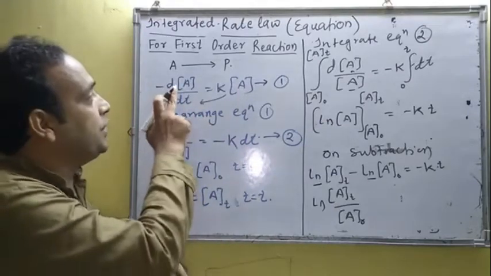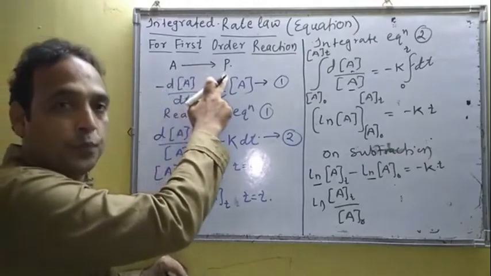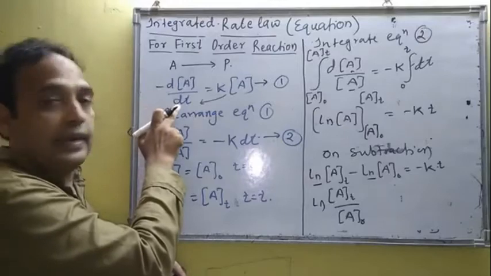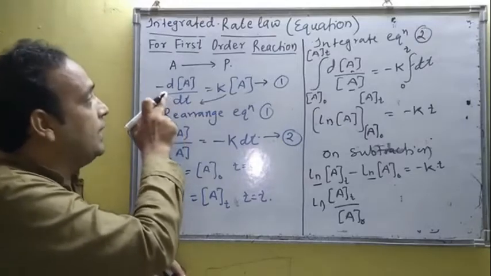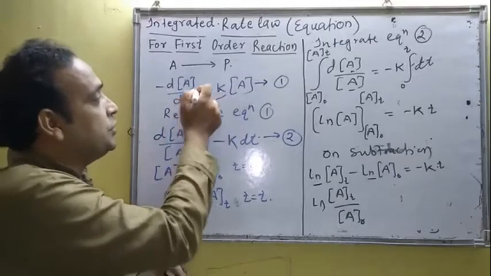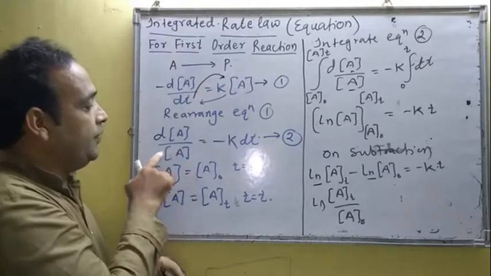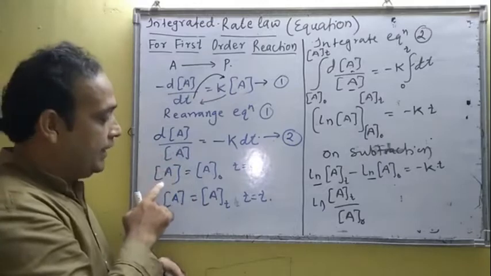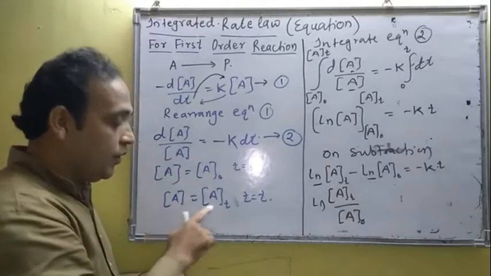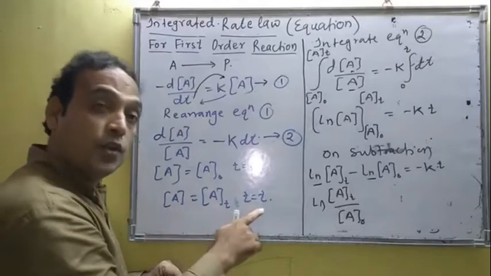A simple reaction, A converts into product P, A is the concentration. Now its differential rate law is given as minus dA by dt is equal to Ka. Rearrange this equation. Now let A be A0 when time t is equal to 0, and A is equal to At when time t is equal to t.